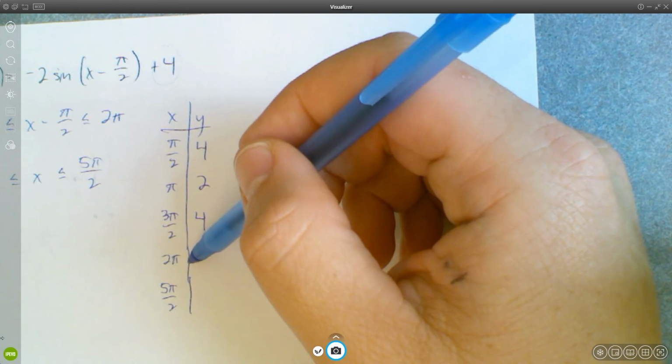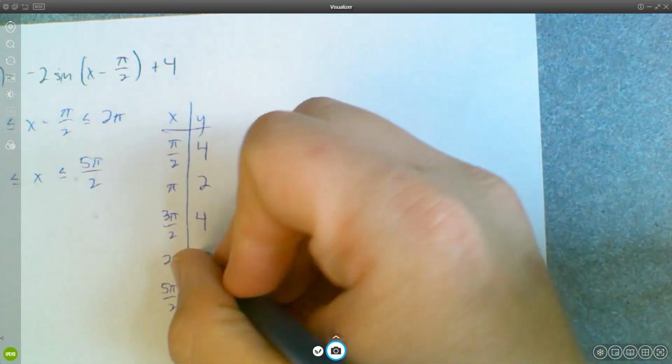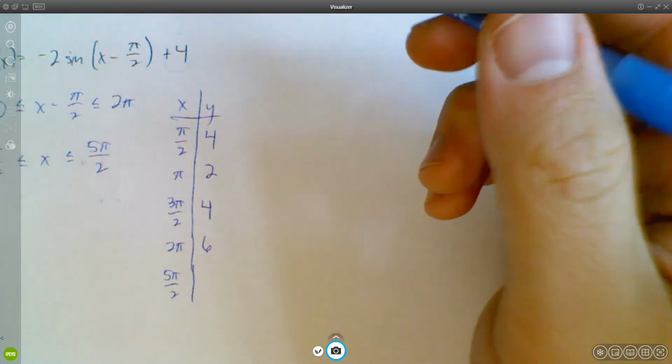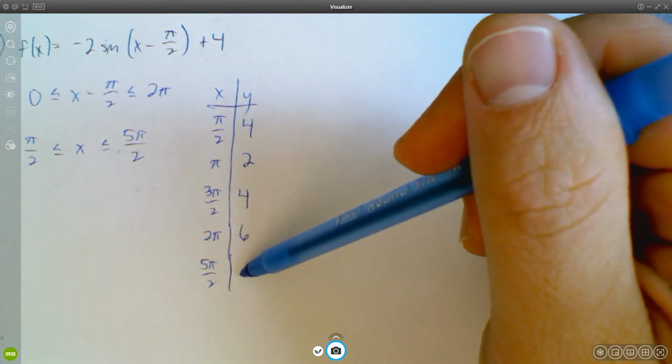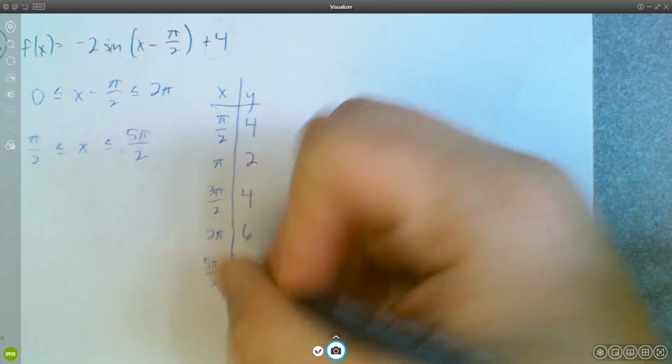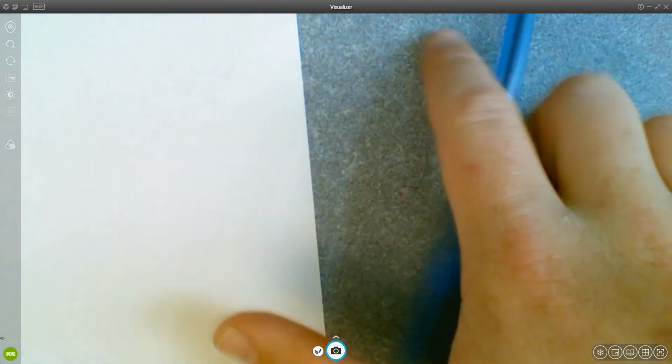Then we go down to negative 1. Negative 1 times negative 2 is 2, and 2 plus 4 is 6. Okay. And then finally, we come back to 0. Right? 0 times negative 2 is 0, plus 4 is 4. And now I can just plot those points.